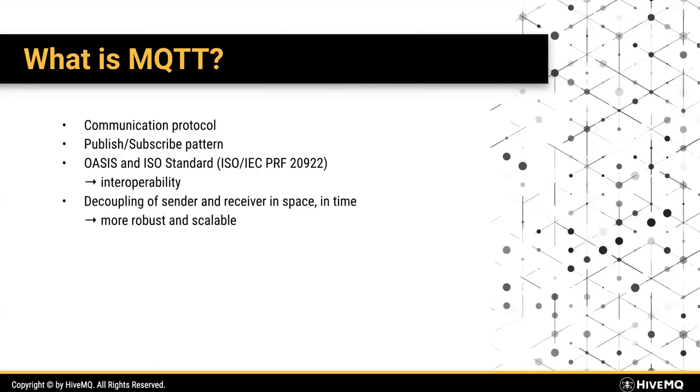Another benefit is that the sender and receiver, so all MQTT clients, are decoupled from each other. This makes the system in general more robust and scalable, because if one client is down for some reason, it does not affect the whole system.